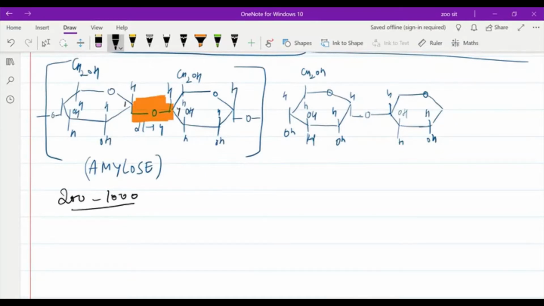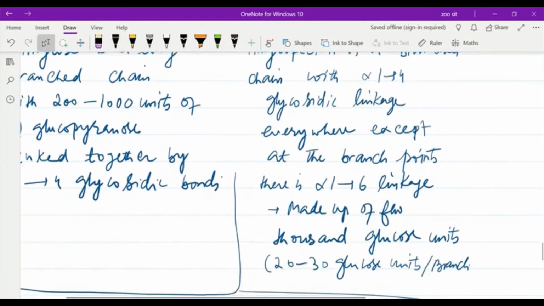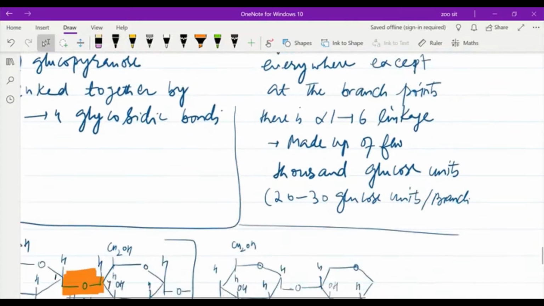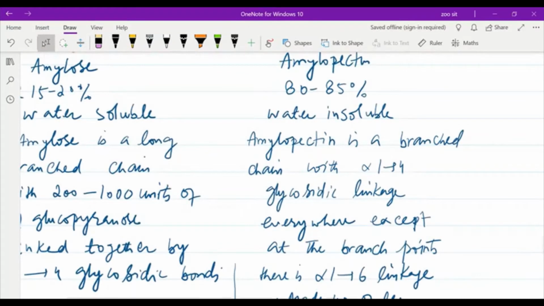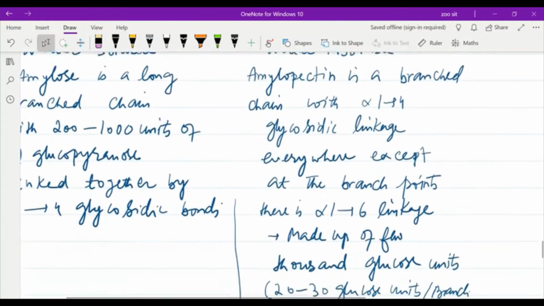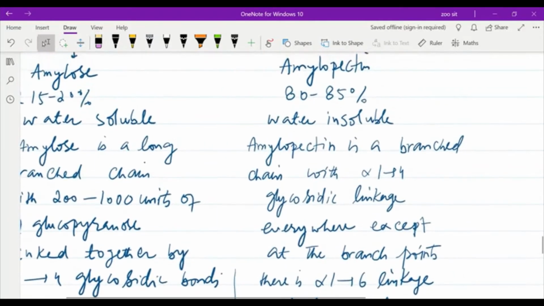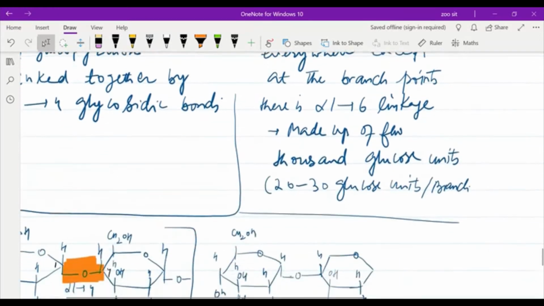Whereas the other part, the water-insoluble part known as amylopectin, is a branched chain having two kinds of bonds. The linear alpha-1,4 glycosidic linkage is present, whereas at branch points the alpha-1,6 linkage occurs.